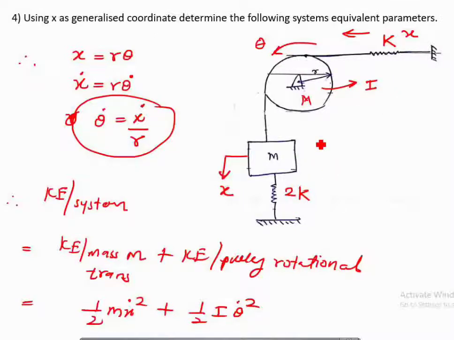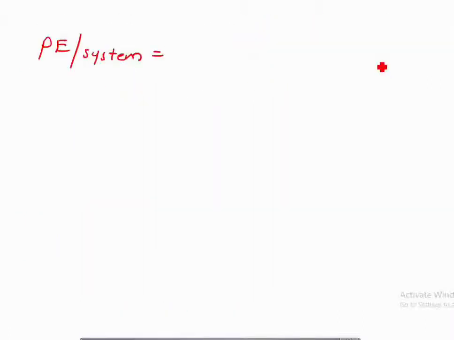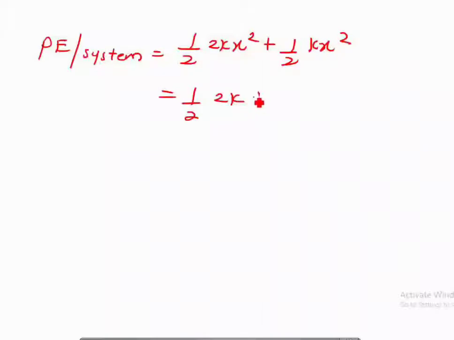Now what is the displacement of the spring? For the 2k spring, x is downward, and for the k spring, x is towards the left side. So directly I am writing 1/2 of 2k into x square plus 1/2 of k into x square. No need to convert here because everything is in the x form. So 2k plus k times x square, that is equal to 1/2 of 3k into x square.